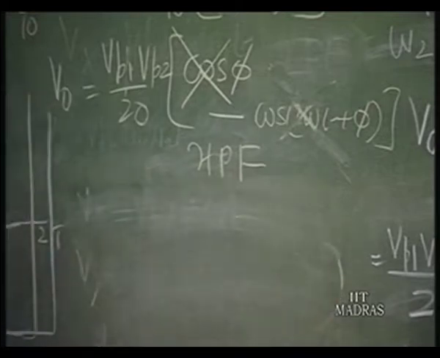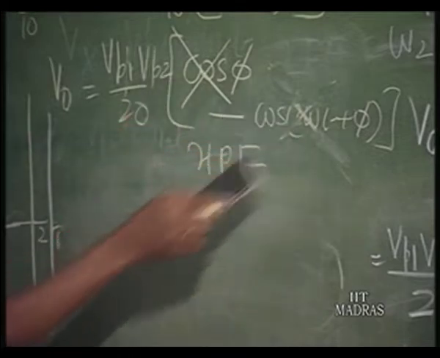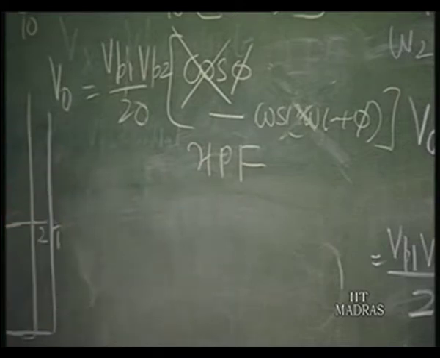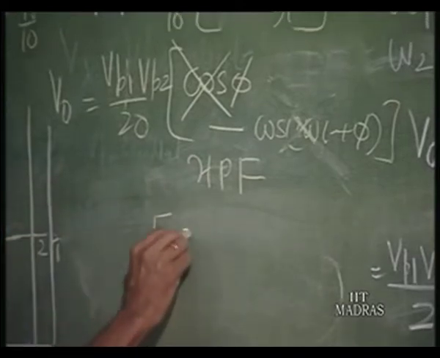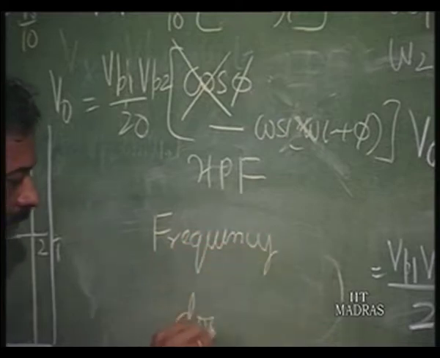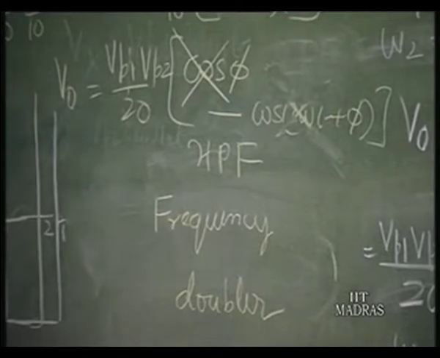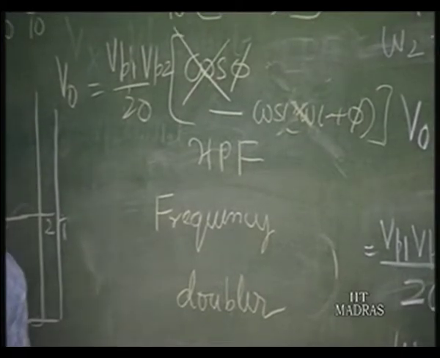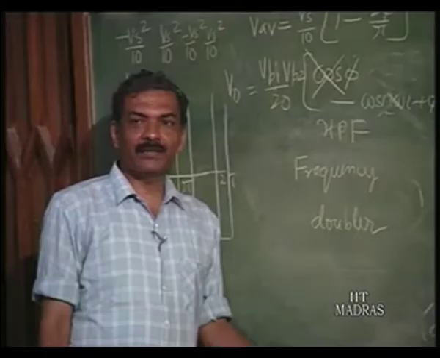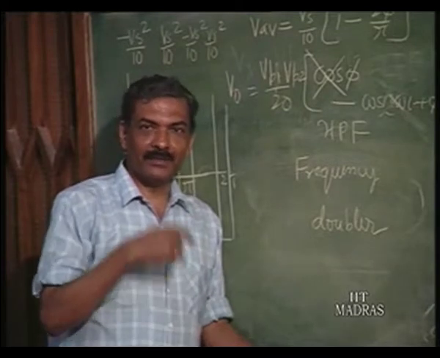When I select only the high frequency component and reject the DC, it is called a frequency doubler. This is very important in its application of generating stable high frequency components from stable low frequency components.